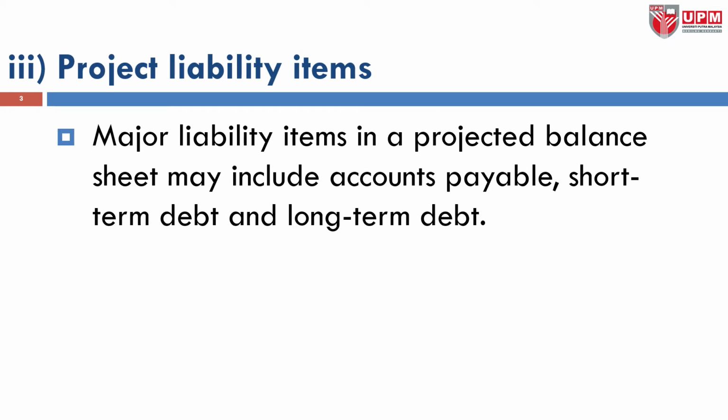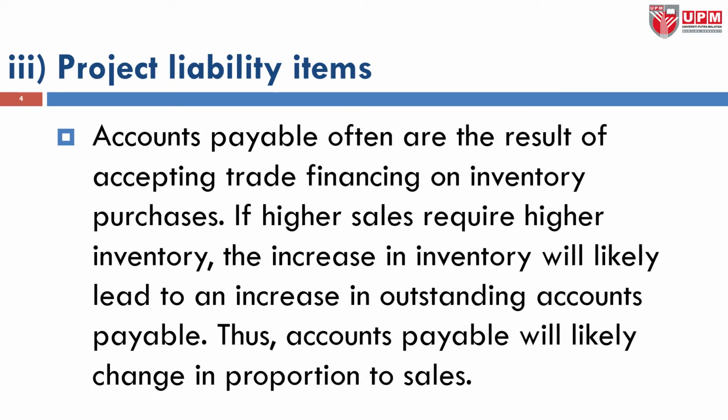We start with the projected liability items. Major liability items in a projected balance sheet may include accounts payable, short-term debt, and long-term debt. Accounts payable often are the results of accepting trade financing on inventory purchases.